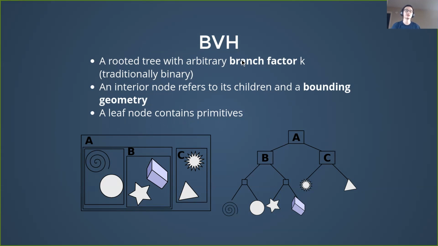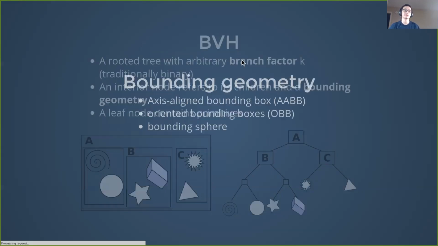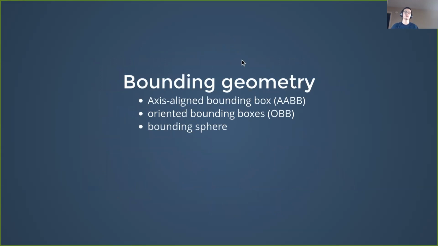The bounding geometry is used to get a rough idea of whether a ray intersects with the children of the interior node or not. There are several different kinds of bounding geometries: AABB, which most of us are most familiar with, also oriented bounding boxes and bounding spheres. And I have seen blog posts on other interesting bounding geometries.